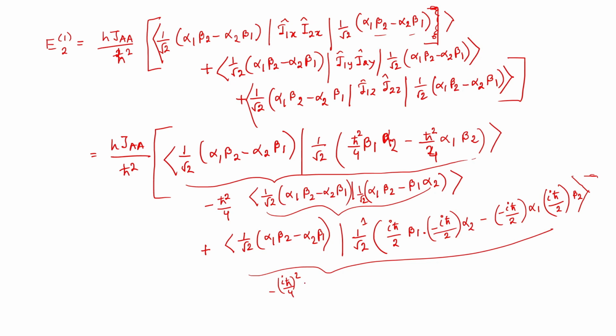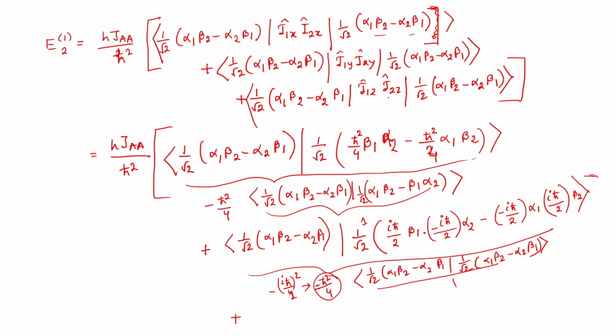So eventually this is ħ square by 4 minus ħ square by 4, and the rest of the thing is again 1 by root 2 alpha 1 beta 2 minus alpha 2 beta 1, and 1 by root 2 alpha 1 beta 2 minus alpha 2 beta 1, and this is 1, this is 1. So you are again getting minus ħ square by 4.